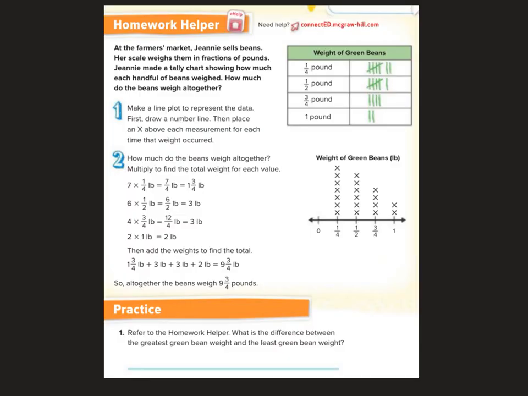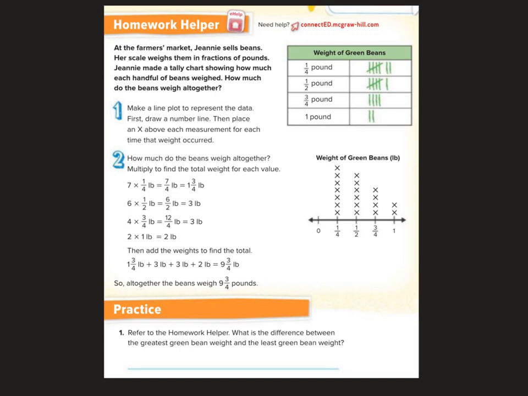Okay, here we have a little homework helper. At the farmer's market, Jeannie sells beans. Her scale weighs them in fractions of pounds. Jeannie made a tally chart showing how much each handful of beans weighed. How much did the beans weigh all together? Okay, so they did the work for us here.